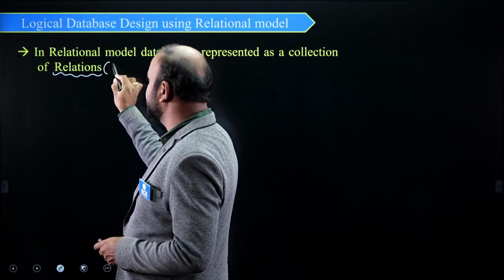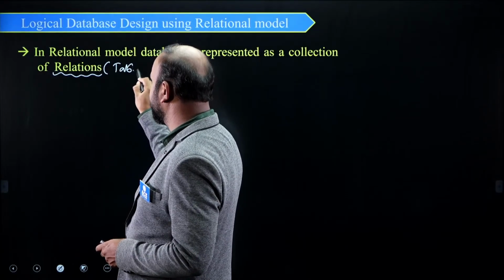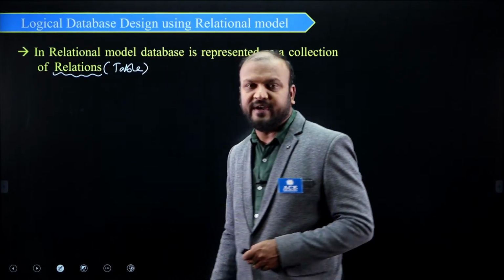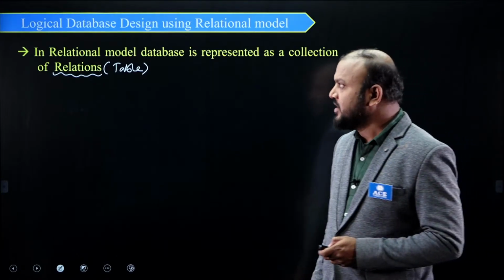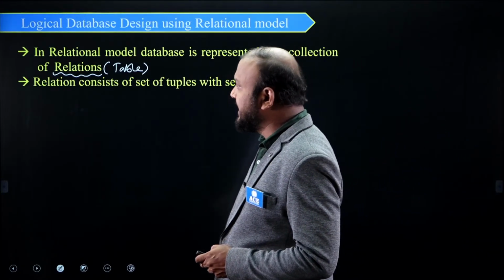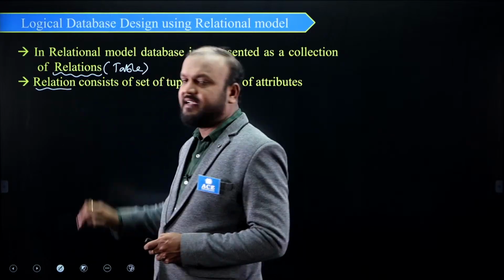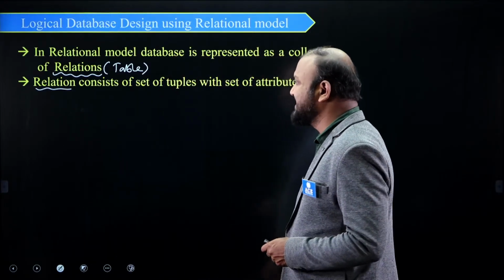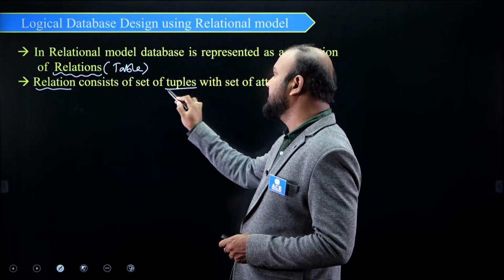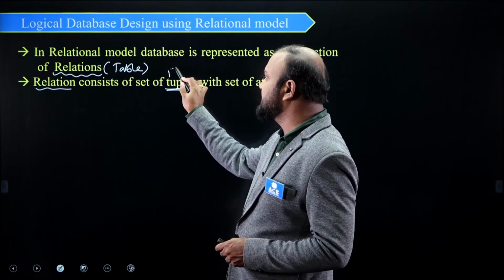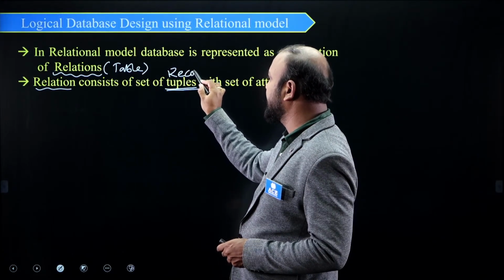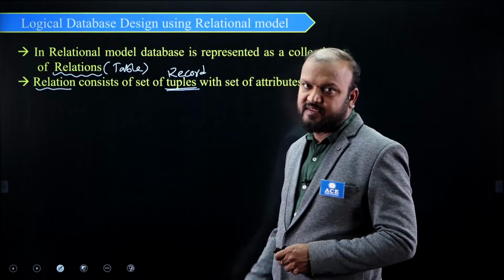Each relation is called one table, a table of records. Now, a relation, which is nothing but a table, consists of a set of tuples. Here the tuple is used as a synonym to represent a record in the database.